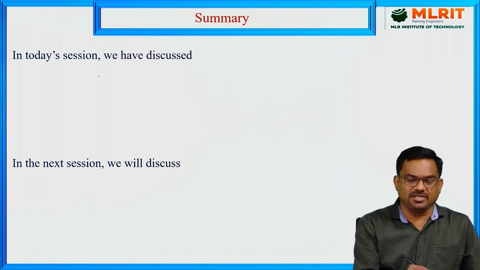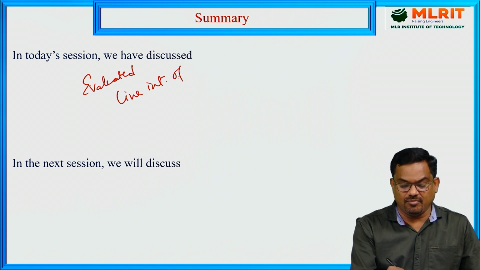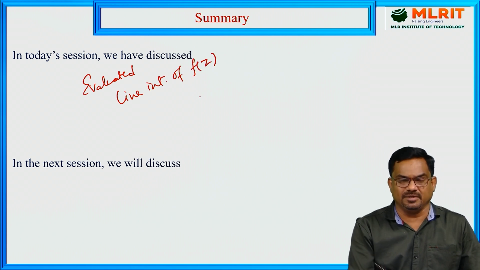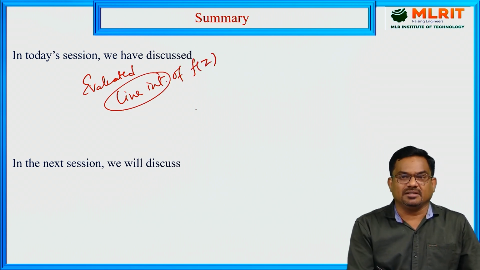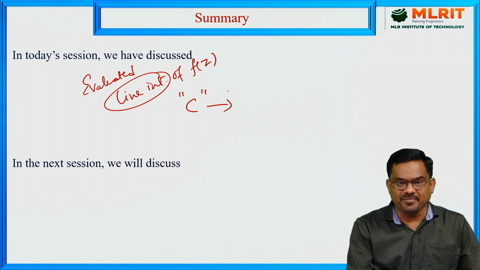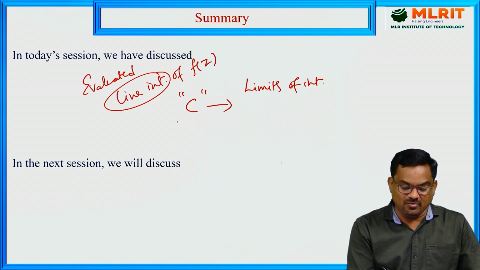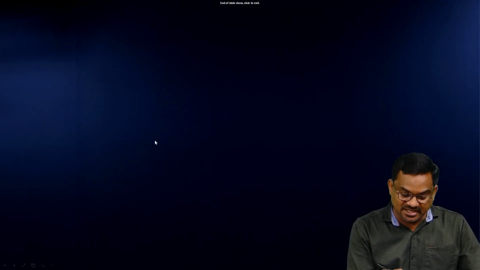So in today's session we have evaluated the line integral of a given function of a complex variable. Line integral means the evaluation of an integral along any curve C. This curve will be given in the problem, and using this curve C we find the limits of integration. The main point is that we are evaluating a line integral, that means a single integral.